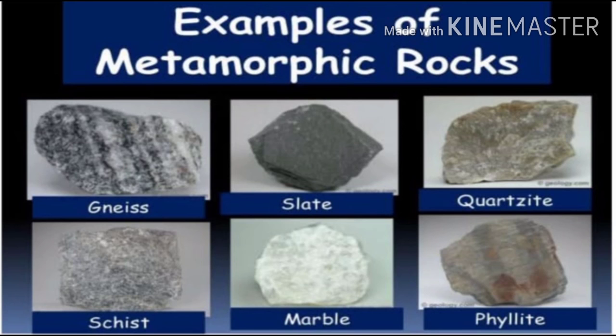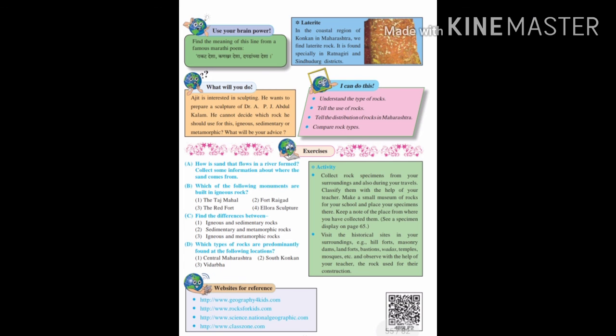There are a few more examples of metamorphic rocks like slate, quartzite, schist, marble and phyllite. Now, laterite: in the coastal region of Konkan in Maharashtra, we find laterite rock. It is found especially in Ratnagiri and Sindhudurg districts.